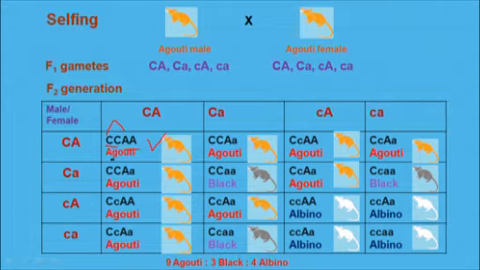In this case, if both genes appear, they will produce agouti colored mouse. So here you can see 9 such mice have been formed because all these genotypes contain both the dominant alleles. So supplementary genes are those genes where, when both dominant alleles come together, they form the same type of phenotype. So we can say they are supplementary to each other.